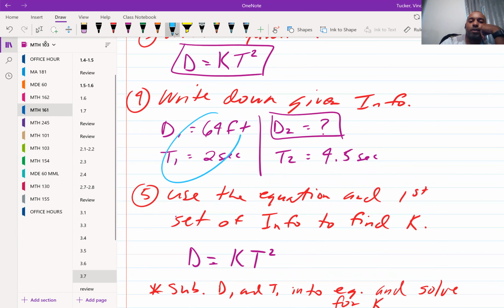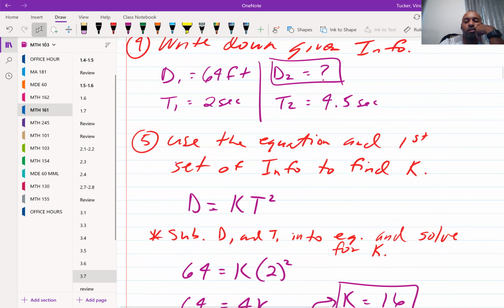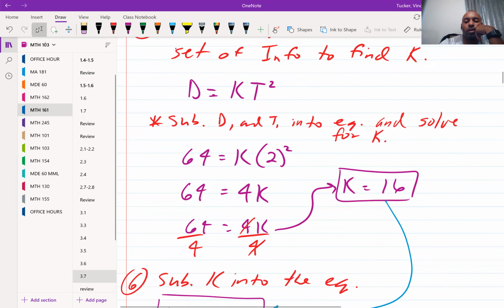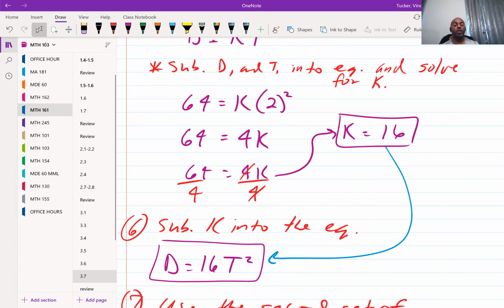So you're going to use that first set of information, plug it in, and then solve for K. Once you find K, remember K is your constant of variation. That's the same for the rest of the problem. Once you find out K, that's going to stay the same. So plug in K and you have your full formula now.